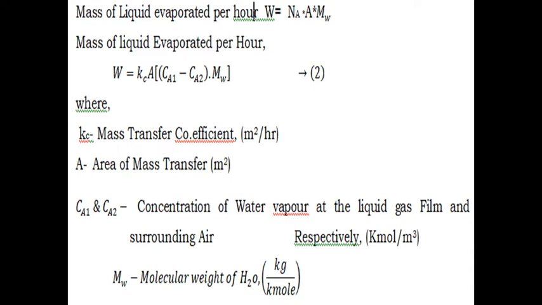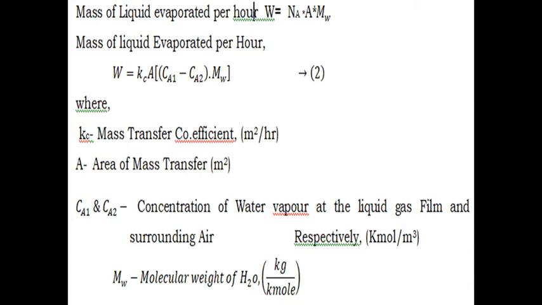Here Kc is the mass transfer coefficient in meter per hour, and capital A is the area of mass transfer in meter square. Ca1 and Ca2 are the concentrations of water vapor at the liquid gas film and in the surrounding air, in kilomole per meter cube. Mw is the molecular weight of water, in kg per kilomole.